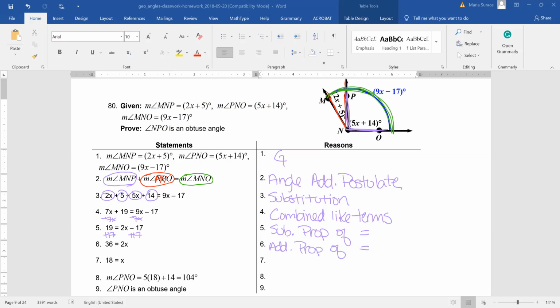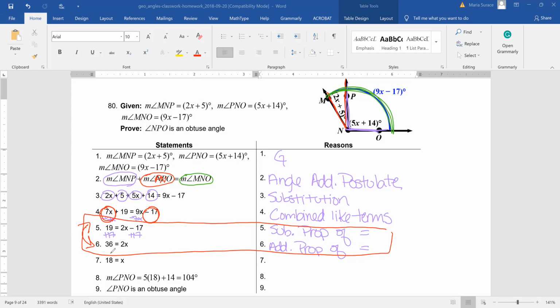Now, I do want to point out these two steps could have been interchanged. You could have done them in either order. The reason why is because it wouldn't have mattered if you subtracted 7x first or added 17 first. Either way, you're still combining your x terms from opposite sides of the equation, and then you are combining your constant terms from each side of the equation.